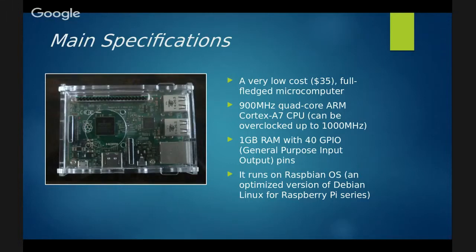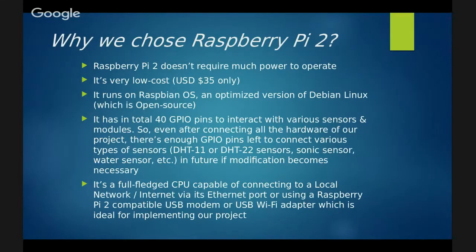So why did we choose the Raspberry Pi 2 as our main processing unit for our mini rover? First of all, it doesn't require much power and it's very low cost. It also runs on a readily available Raspbian OS, which is optimized for the Raspberry Pi. It has a total of 40 GPIO pins, so you can connect all kinds of sensors and necessary modules.